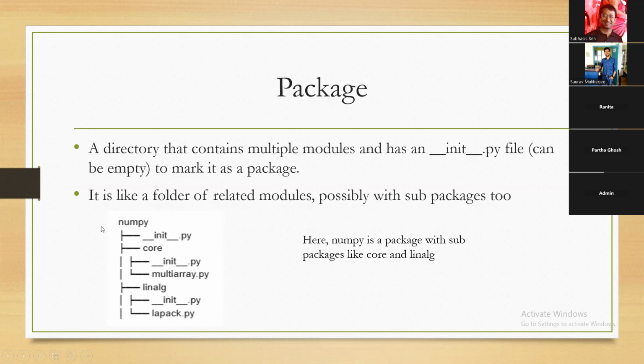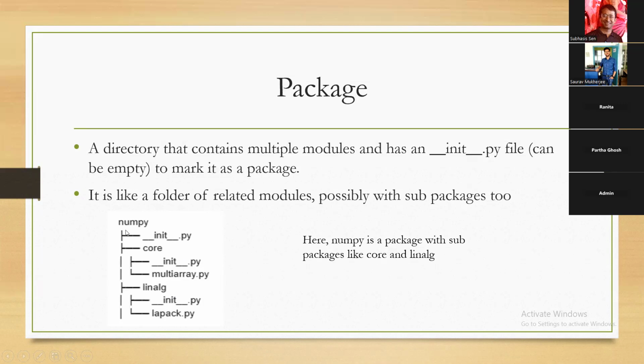Suppose NumPy, which is a very, very important package in Python, has many modules written in it: init.py, linear algebra, and so on. Here NumPy is a package with sub packages like core and linear algebra.